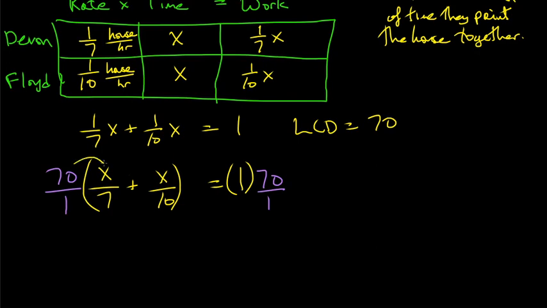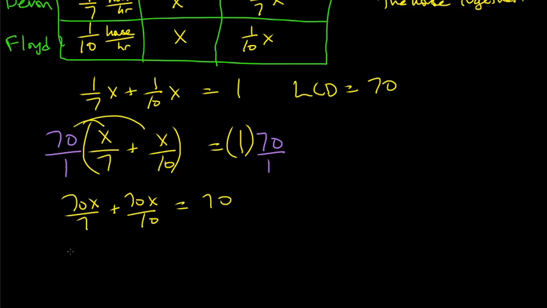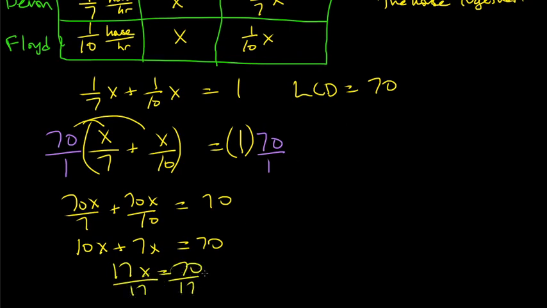Okay, so on the left side, when you multiply this out, you get 70x over 7 plus 70x over 10 is equal to 1 times 70, which is 70. But 70 over 7 is just 10. 70 over 10 is 7. So 10x plus 7x, 17x, is equal to 70. So now just divide by 17. So there's our x, 70 divided by 17. And this is in hours.